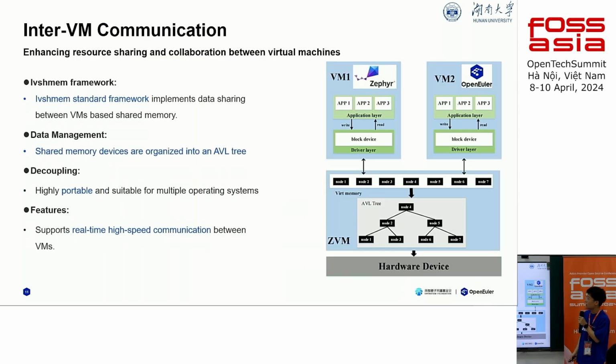And the first is inter-VM communications. With VM communications, it can enhance resource sharing and collaboration between virtual machines, like a VM with Zephyr and a VM with openEuler can communicate with each other.